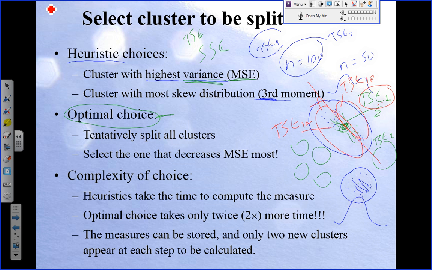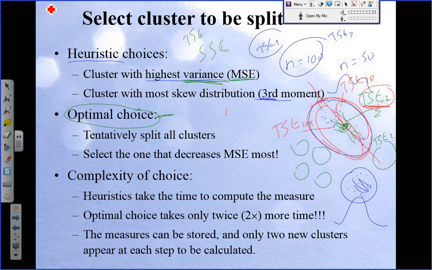So adding one more cluster by splitting this definitely reduces the overall TSC. In this subpart I have one cluster and now I'm going to have two clusters. So definitely TSC is going down, even if I have a bad way to split it. I think it's even impossible to make such a split that the total TSC would actually go up. So that's all I need.